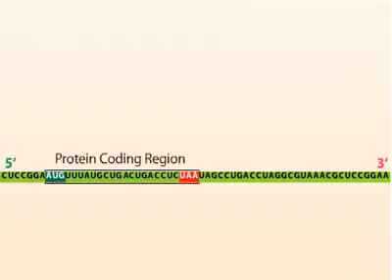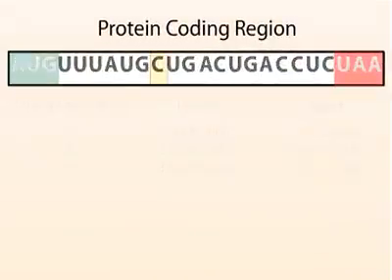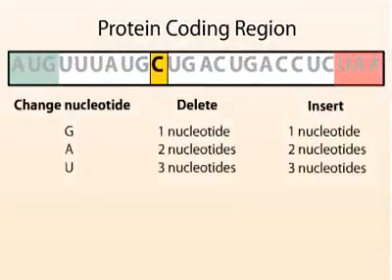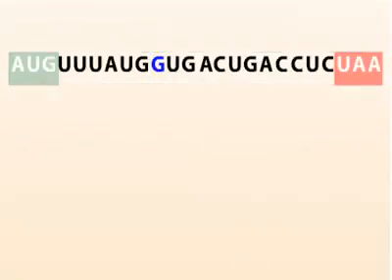Let's design mutations in the coding region of a gene and discover their effects on the protein sequence. In our first example, let's change a C in the mRNA sequence to a G. This mutation changes the codon from CUG to GUG.